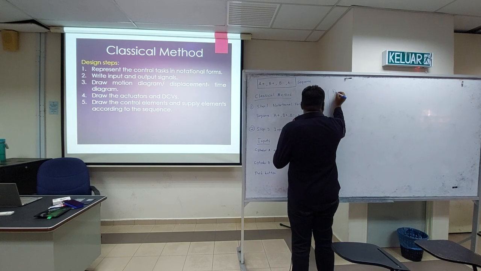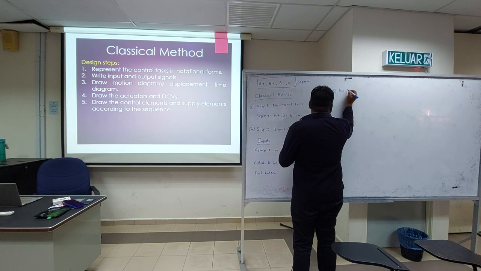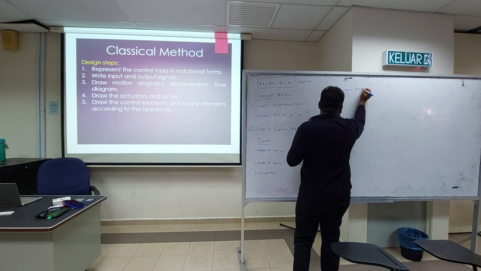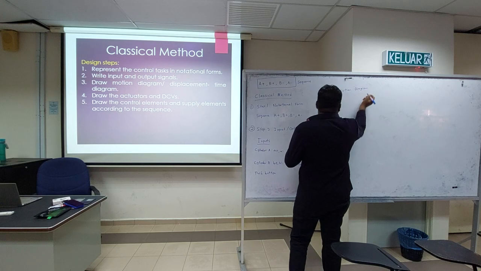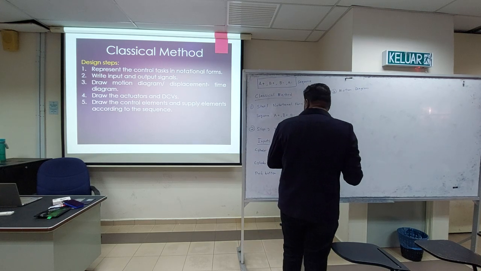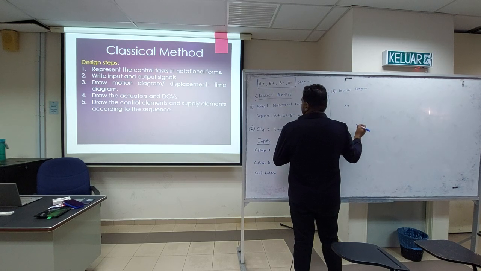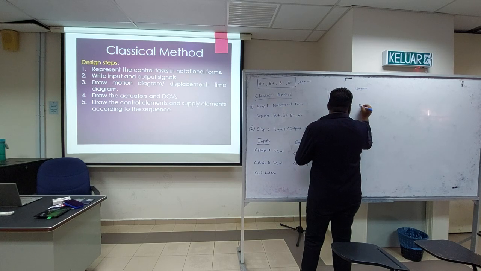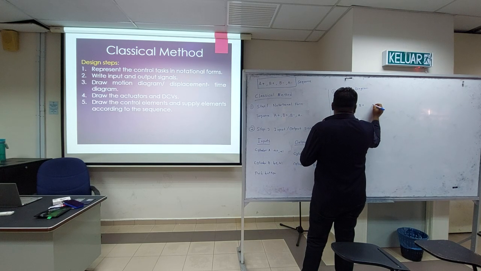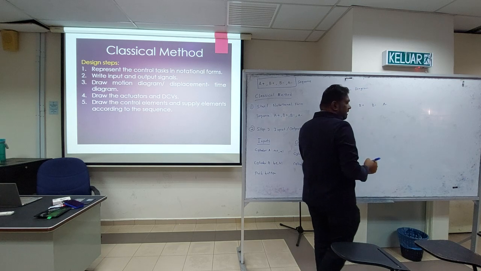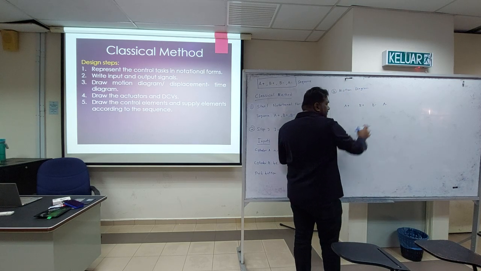Okay, step 3, so motion diagram. Okay, so motion diagram. So how to draw? First, tulis all the operation. A plus, B plus, B minus, A minus. Okay, so letak jarak sikit.